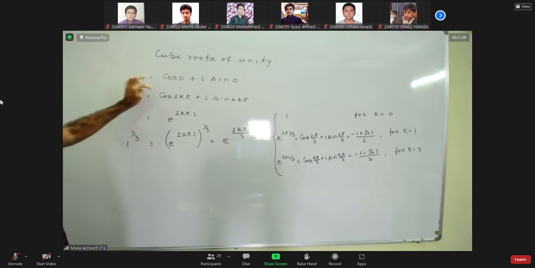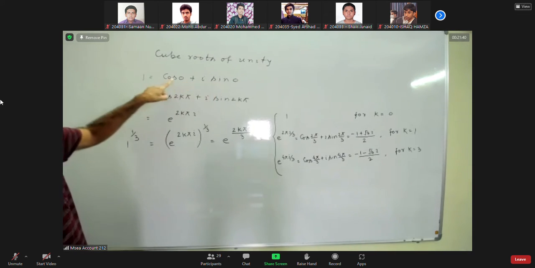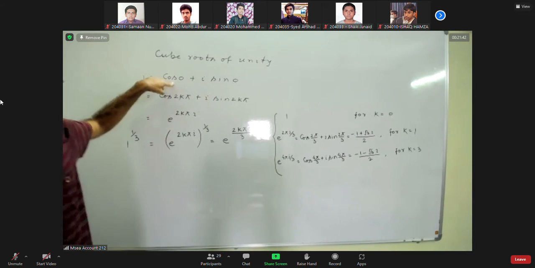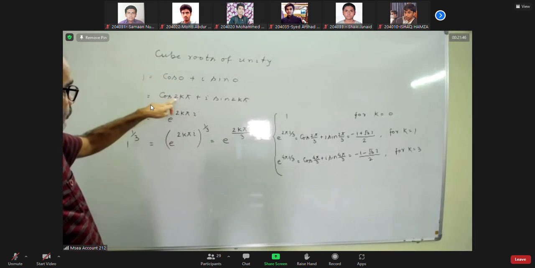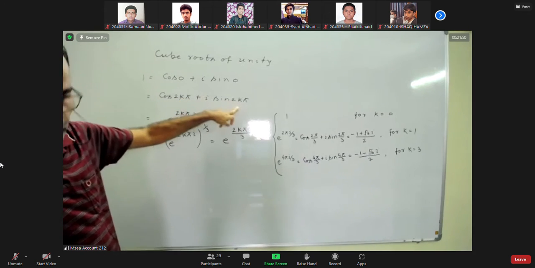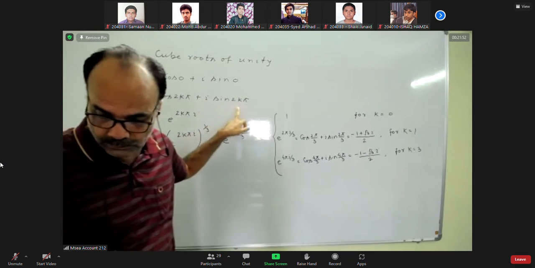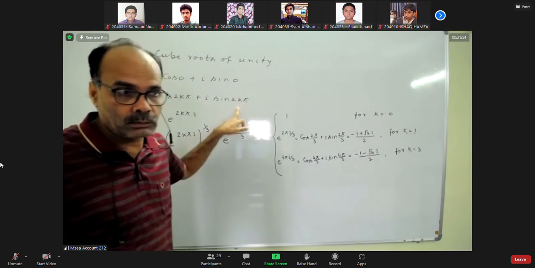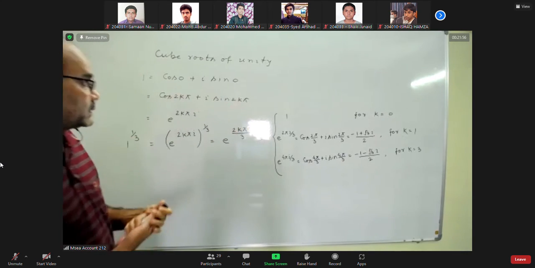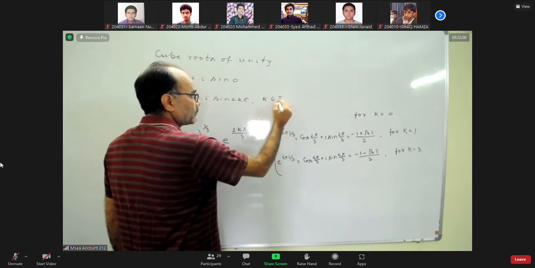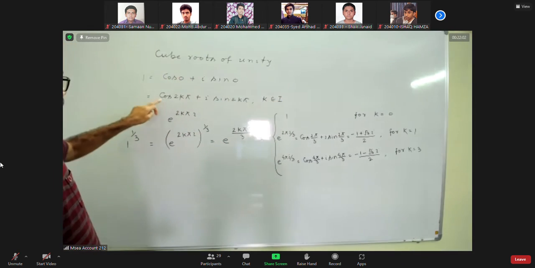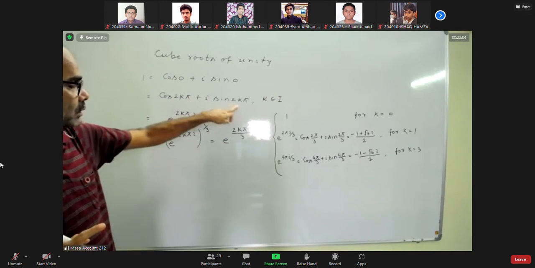See, we can write 1 as cos 0 plus i sin 0. Cos 0 is 1. And in any trigonometrical ratio, if we add or subtract integral multiple of 2 pi, the value of the trigonometrical ratio remains same, k belongs to integer. Cos 2k pi is 1, sin 2k pi is 0.